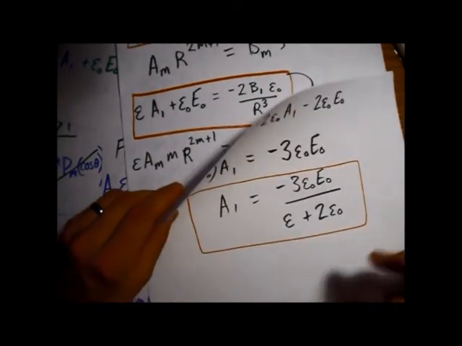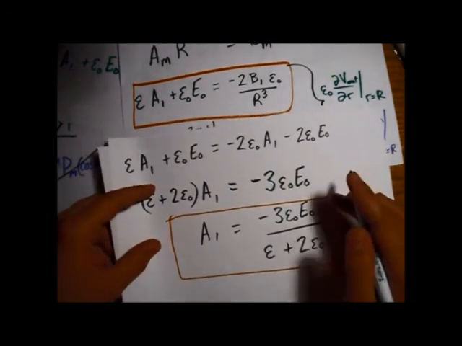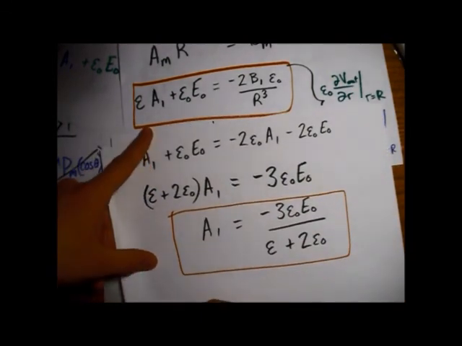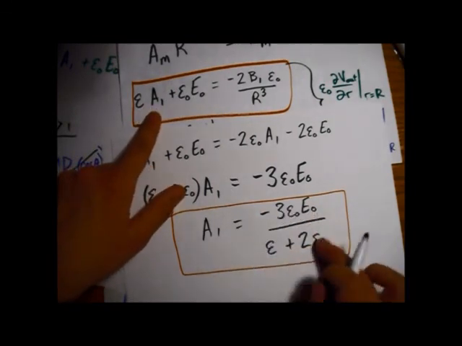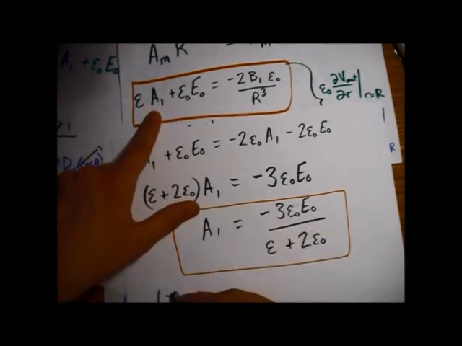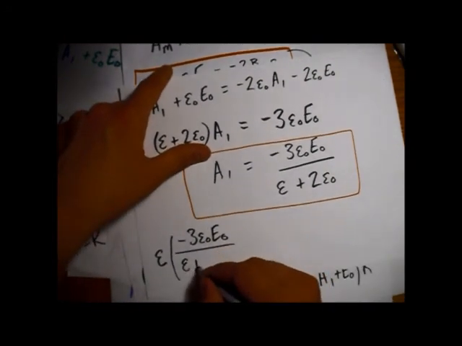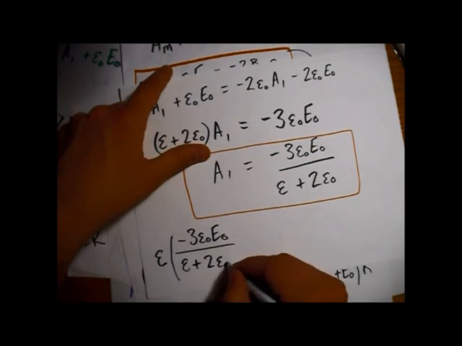All right, so here we have an epsilon. Now we're going to plug in this guy right here. Minus 3 epsilon naught E naught over epsilon plus 2 epsilon naught.